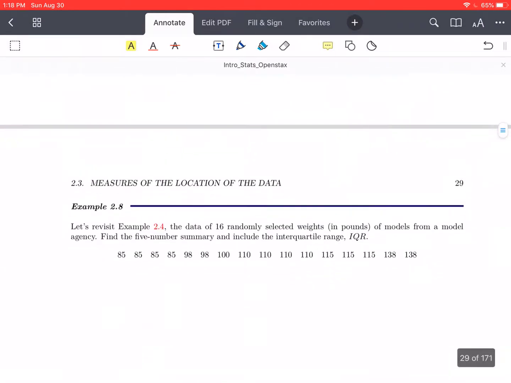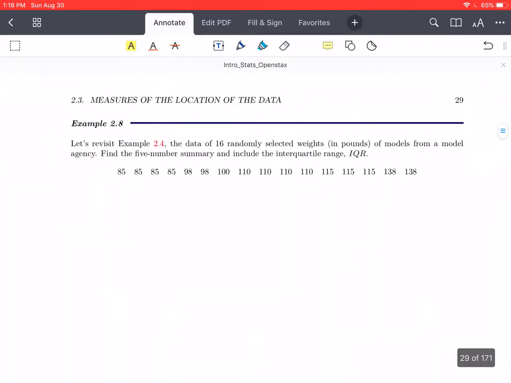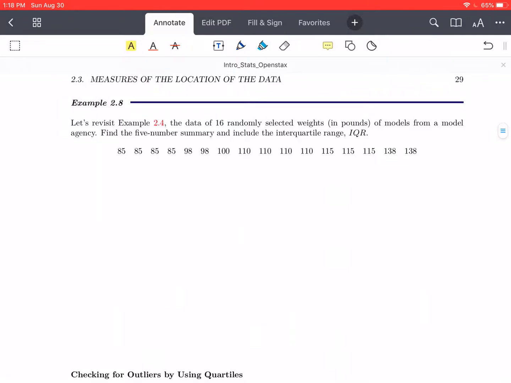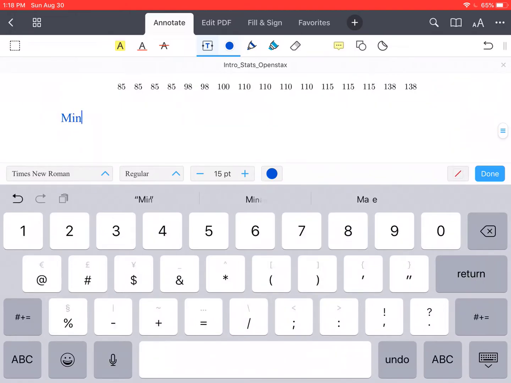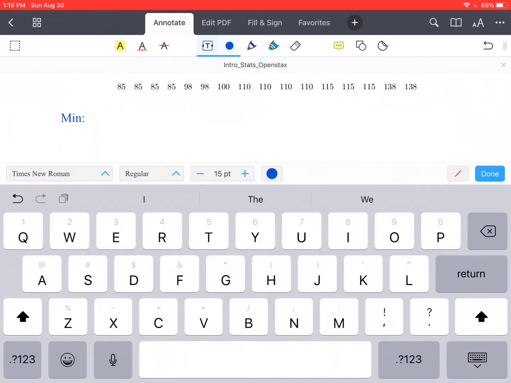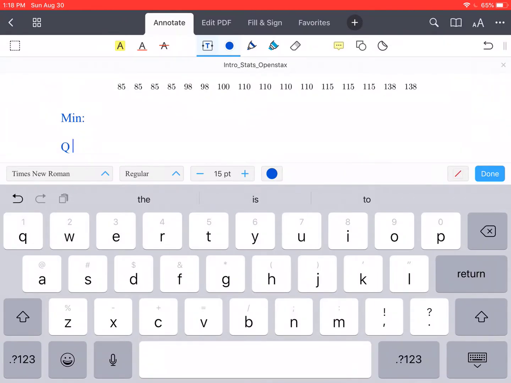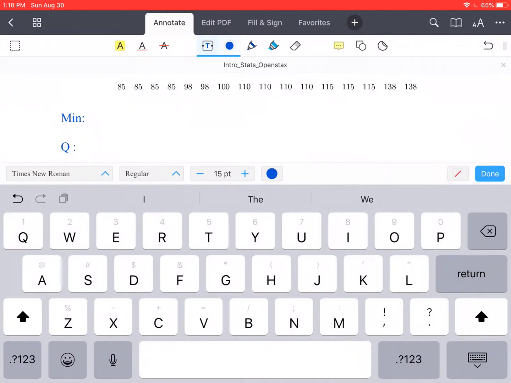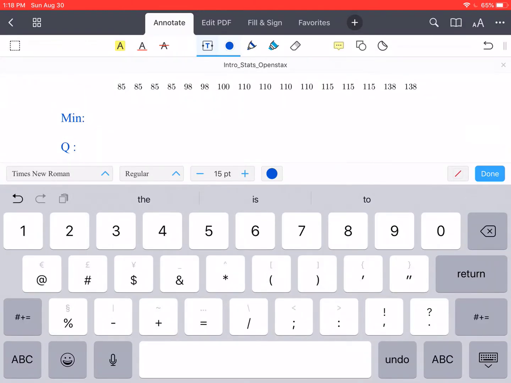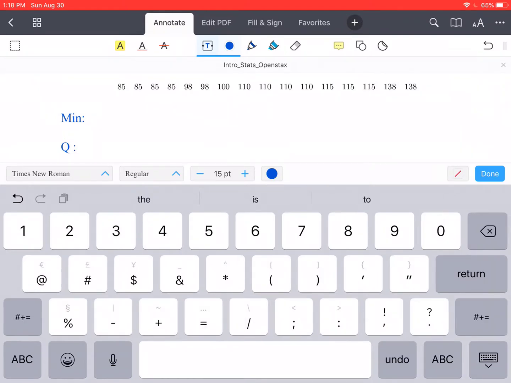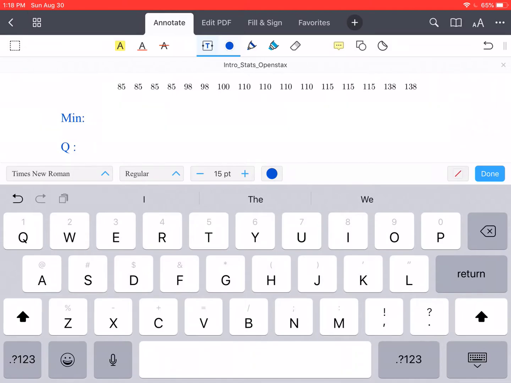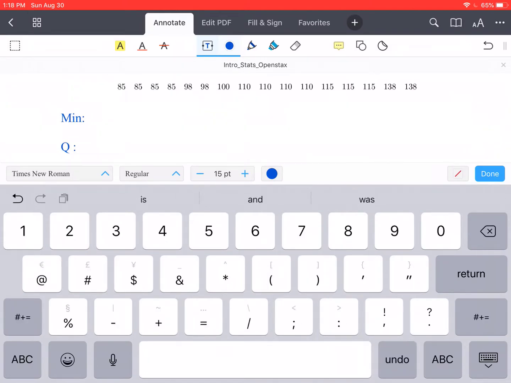So let's look at an example. Here we have the data of 16 randomly selected weights of models from a model agency. Find the 5-number summary and include the interquartile range. So what we're going to have, we need the min, we need Q1, we need Q2, Q3, and the maximum.